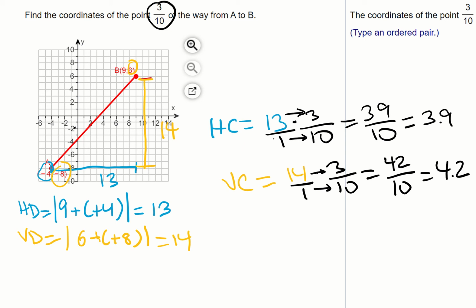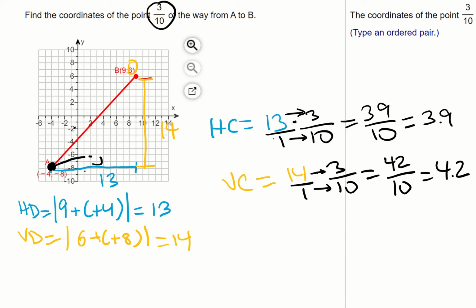This means that we're going to go from our starting point, and I'll go ahead and erase this now. From our starting point A, we want to go over to the right by 3.9. That means we're going to add 3.9 because we're going to the right. If you're going to the right, then that's a positive, right?